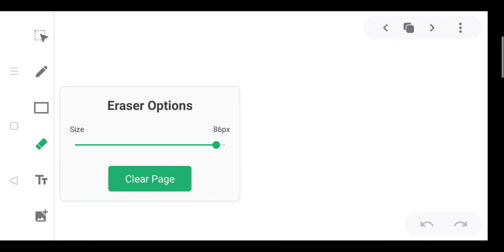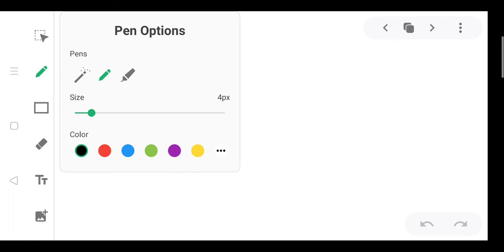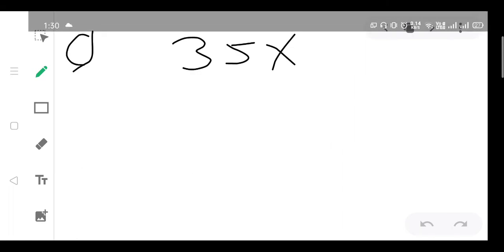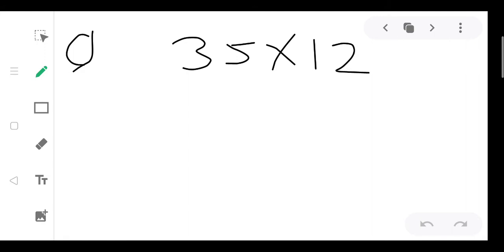Next question, it is C part. 35, we have to multiply by 12. Same process. Firstly, write the places at the top, 1's, 10's.